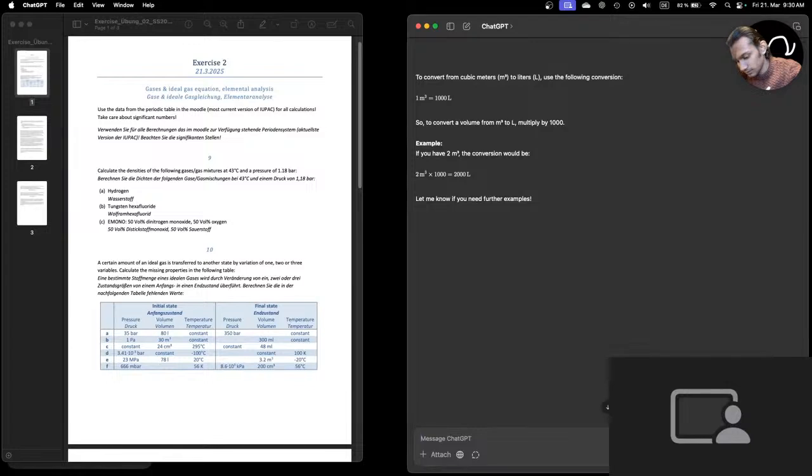And T1 equals 20 degrees Celsius, which is 293.15. As one of the temperatures is negative, we have to change both to Kelvin.